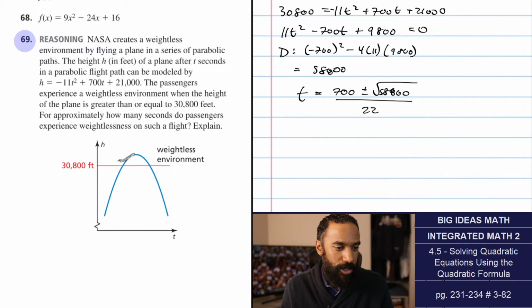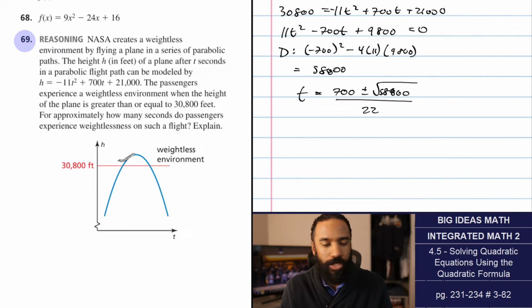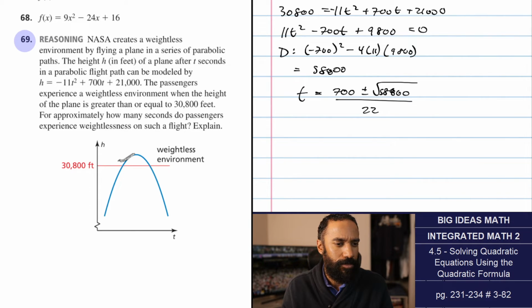Now, there will be two answers, right? So we're going to do 700 minus, I got to put parentheses in the beginning, the square root of 58,800, divided by 22.